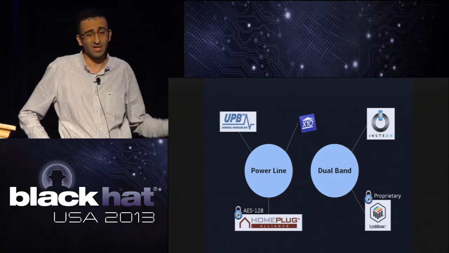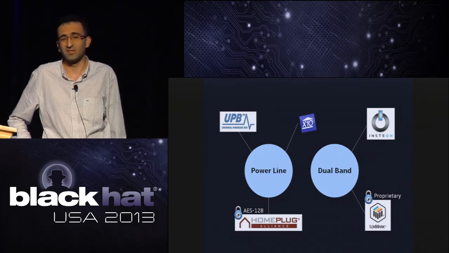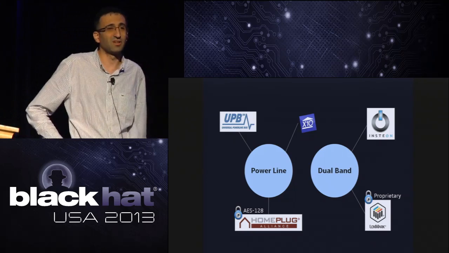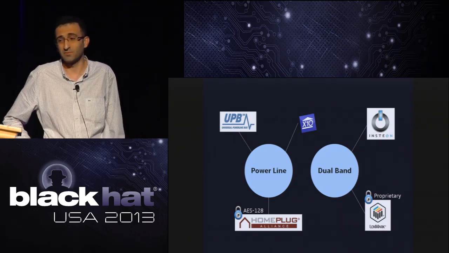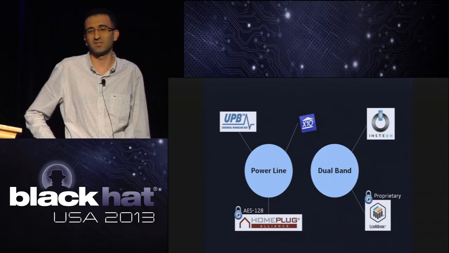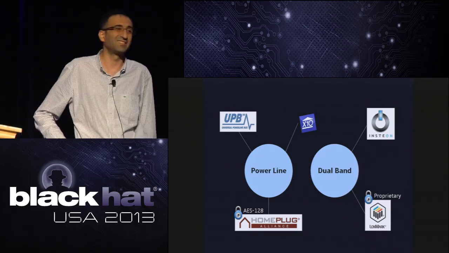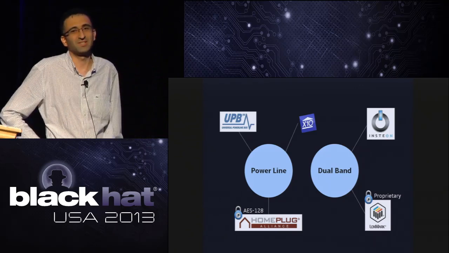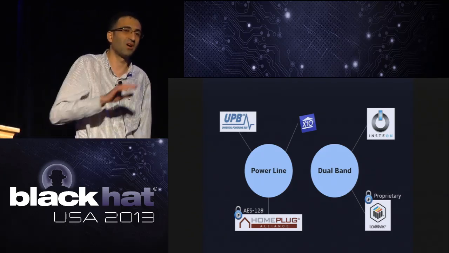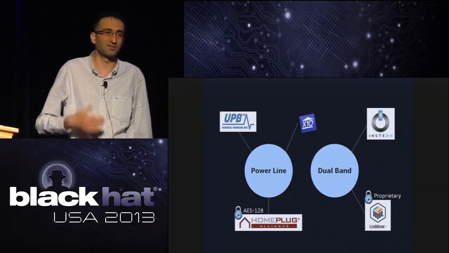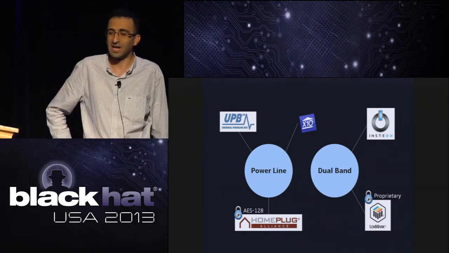As you can see, most of the power line based protocols do not implement security. This is mostly because they assume the attacker would need to gain physical access to the power line to actually mount some meaningful attacks.